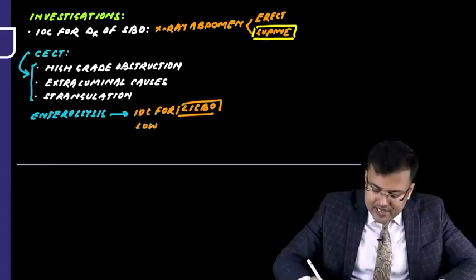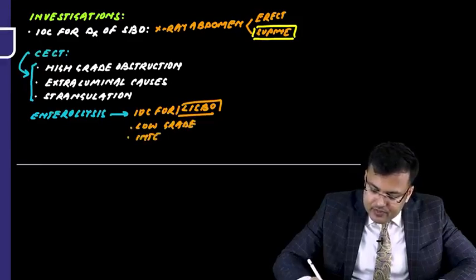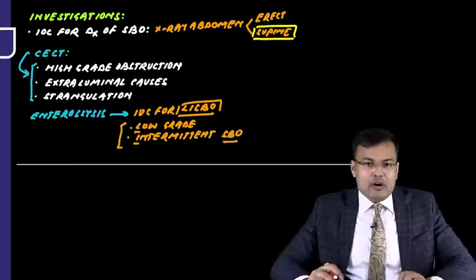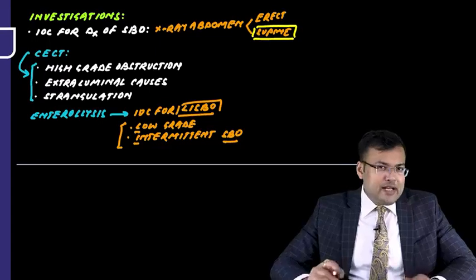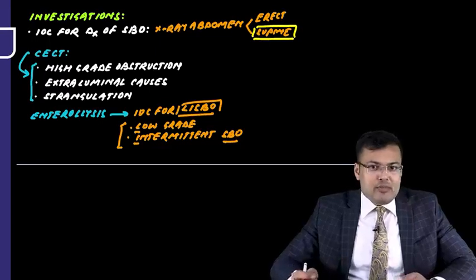L means low grade, I means intermittent. So this is low grade intermittent small bowel obstruction. For this we go for enteroclysis, that is known as small bowel enema.